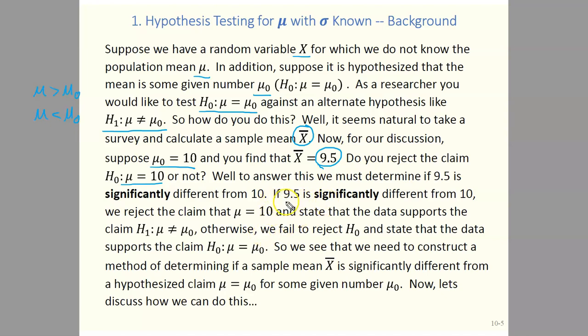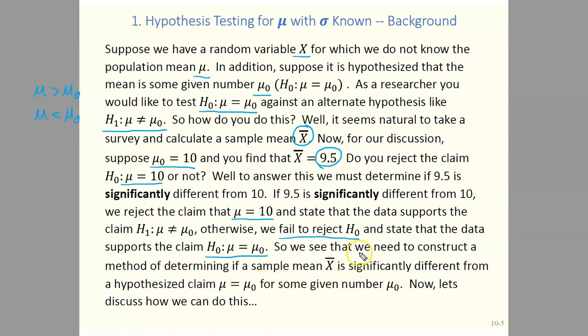So, as we have written down here, if 9.5 is significantly different from 10, then we would reject the claim that the mean is equal to 10 and state that the data supports the alternate hypothesis that mu does not equal mu naught. Otherwise, if we determine that 9.5 is not significantly different from 10, then we would fail to reject H0, and we would state that the data supports the null hypothesis.